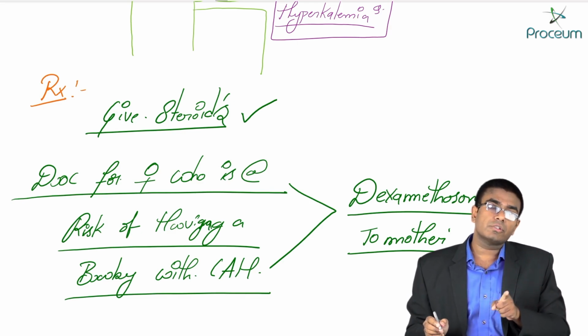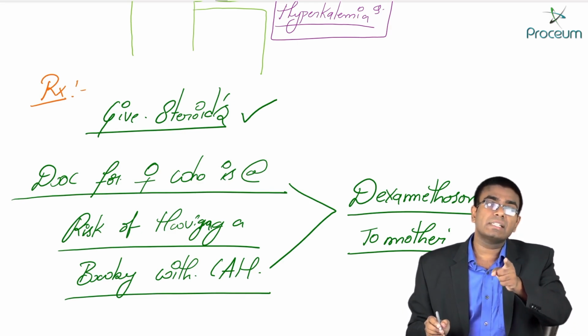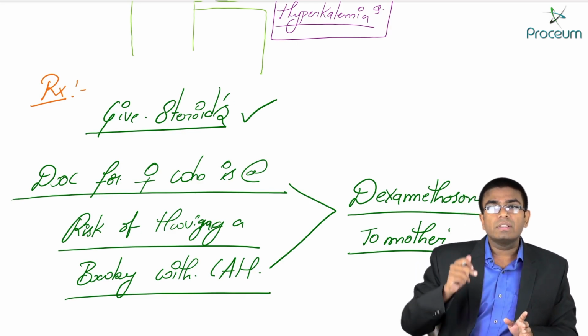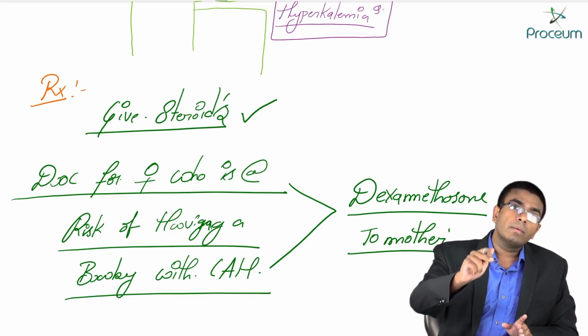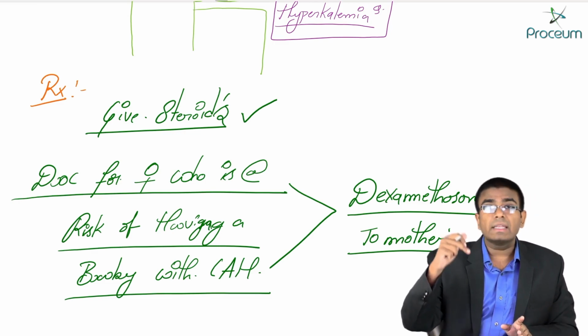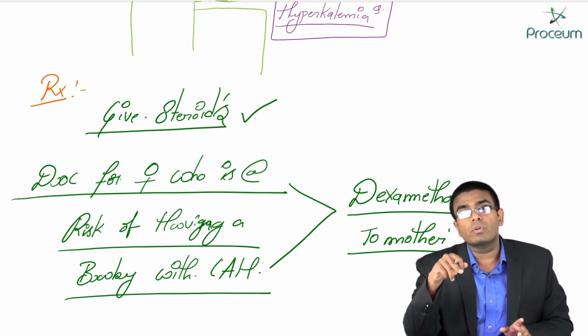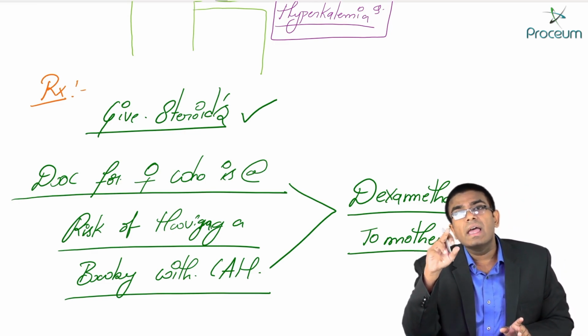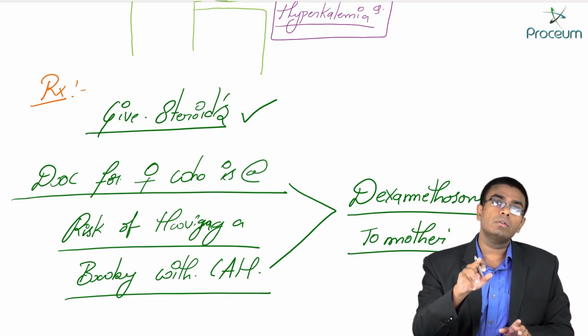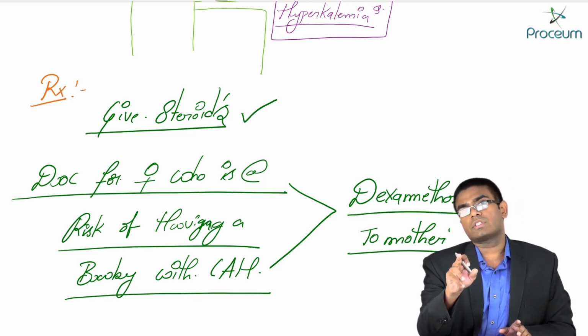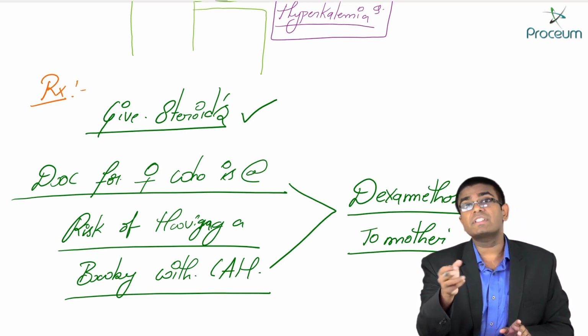This dexamethasone will cross the placental barrier and enter the baby's circulation, and in the baby it will suppress the ACTH production, so that there is no androgen synthesis, so no virilization, especially if it is a female child.